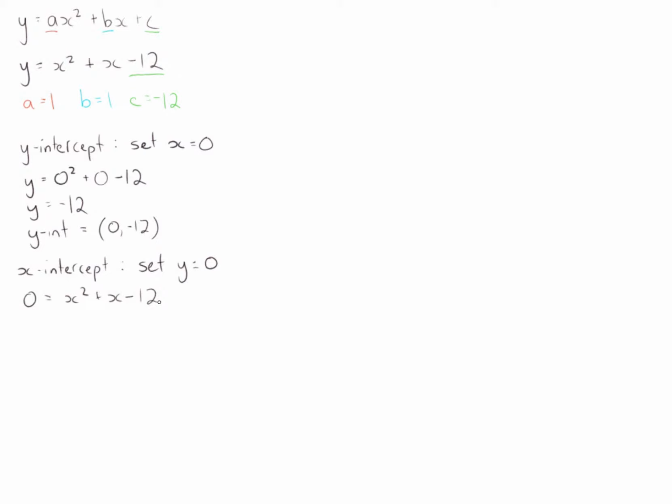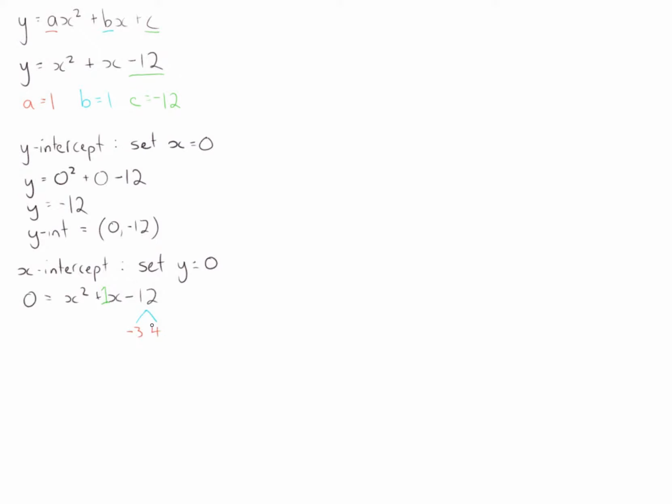With this quadratic in particular, we can factorize it by looking for factors of negative 12. So what are some factors of negative 12? Specifically that add to give us this plus 1 over here. That's right, negative 3 and positive 4.